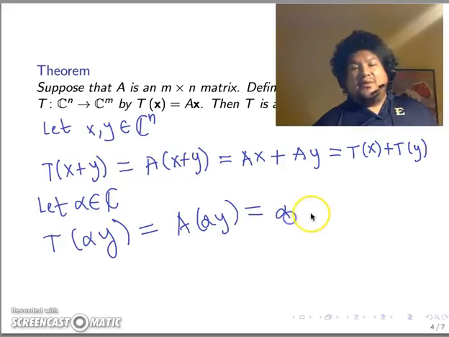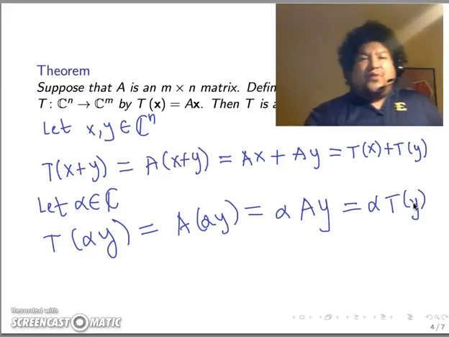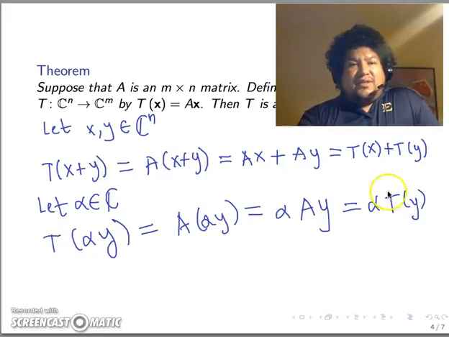Alpha is a scalar, so we can write that on the left side, and this becomes alpha times Ay, which is no other thing than alpha times the transformation evaluated at y. So it's rather straightforward to verify that, using this definition, this map is a linear transformation.